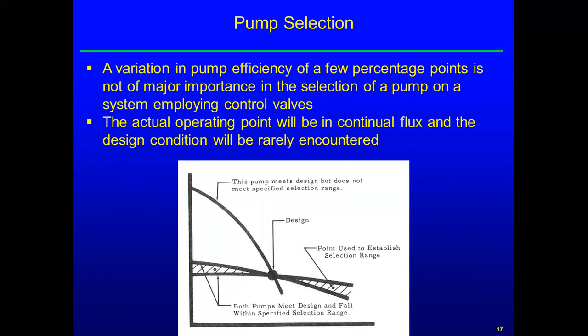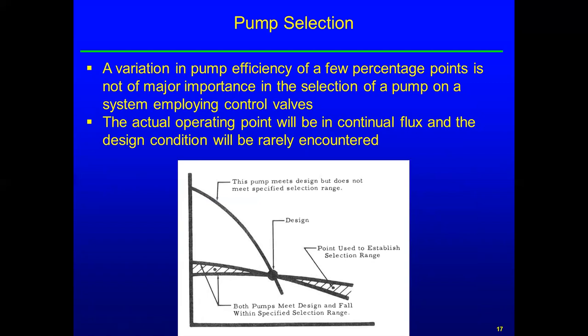You want to have a decent pump efficiency, but because it's changing all of the time, it's not such a big issue if it's changing 2, 3, 4 points, and you're modulating plus and minus back and forth as your system controls the amount of flow that's being circulated. So this small variation in efficiency is not considered to be terribly important.